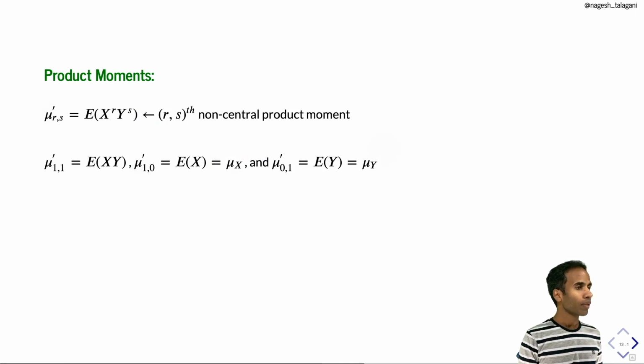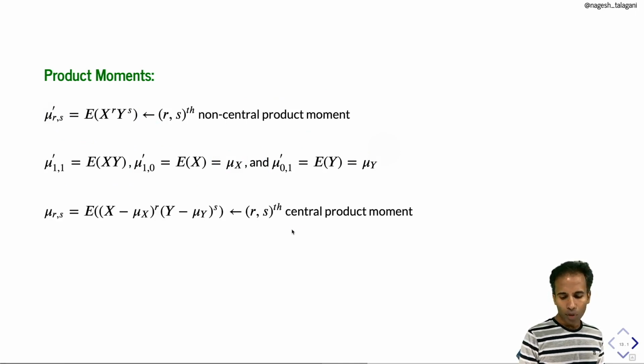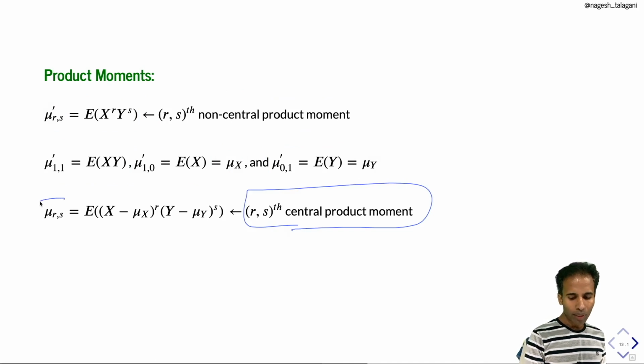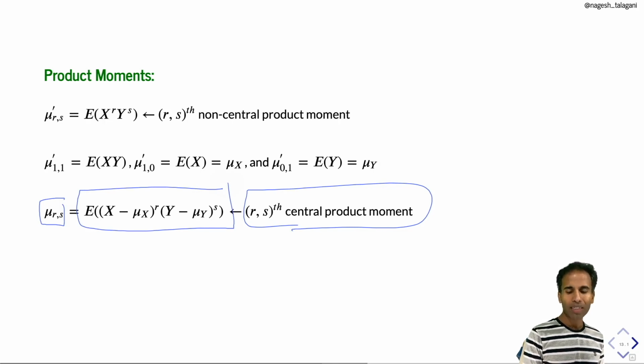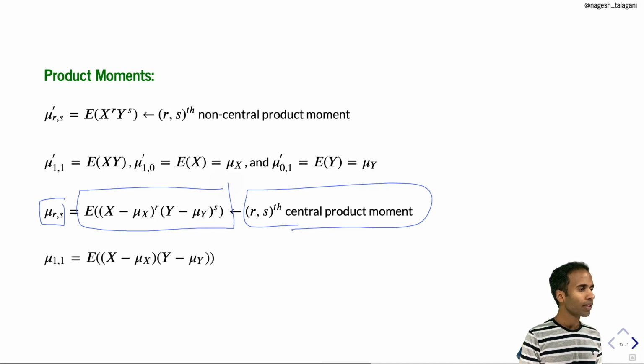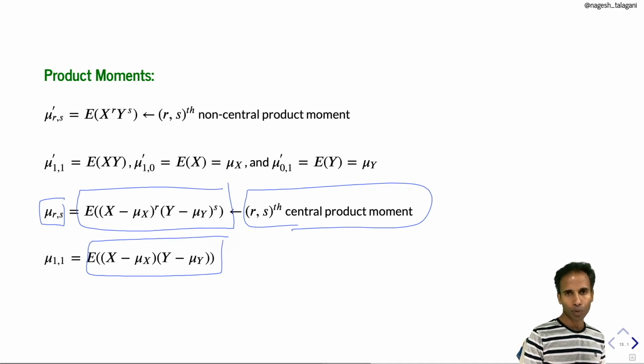Similarly, the central product moment of order r comma s, denoted by mu r comma s, is defined to be expectation of x minus mu x all to the power of r times y minus mu y all to the power of s, provided this expectation exists. As a special case, mu 1 comma 1 is expectation of x minus mu x times y minus mu y.